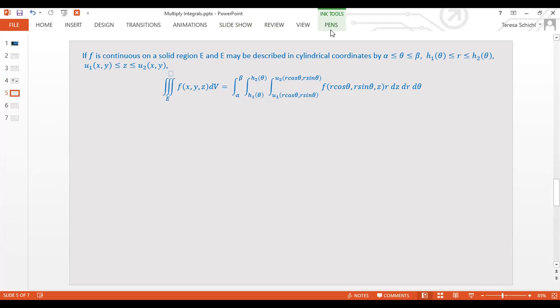So theta is from alpha to beta, then r is between functions of theta, then z, remember, is just Cartesian, so it's a function of x and y. So you change from f of x, y, z: x you replace with r cosine theta, y you replace with r sine theta, and z stays by itself.